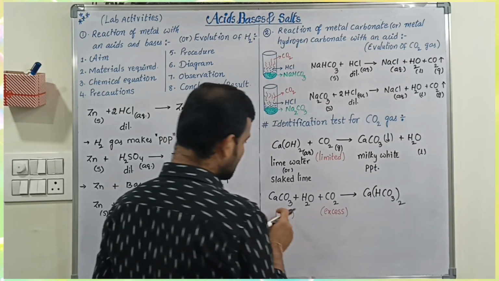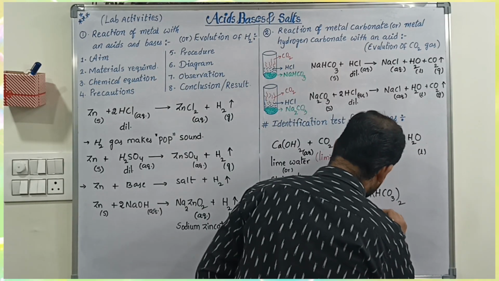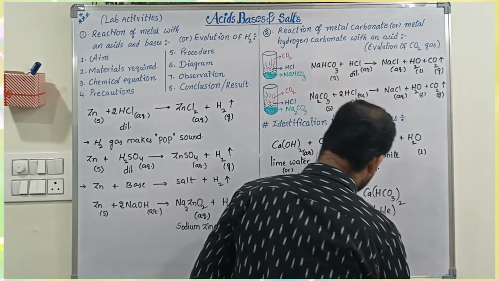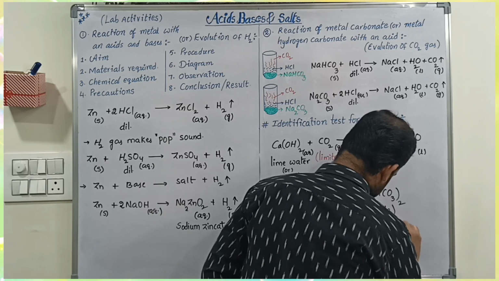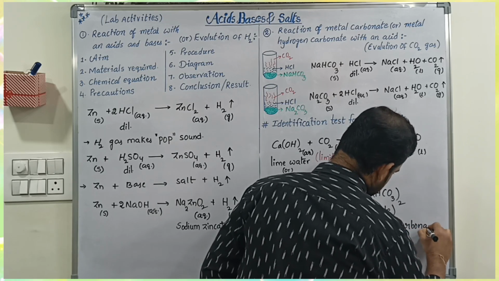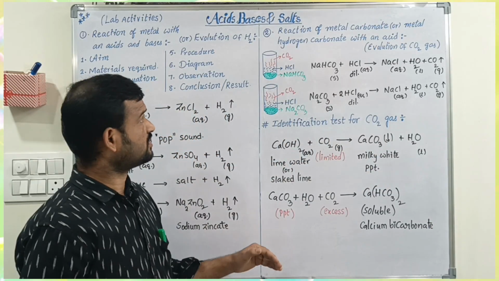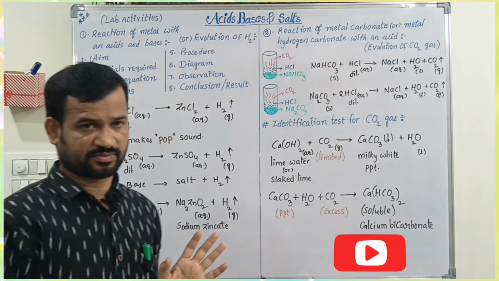So this is calcium bicarbonate, a soluble substance that will be formed, also called calcium hydrogen carbonate. Understand? So this is the identification test for CO2 gas.